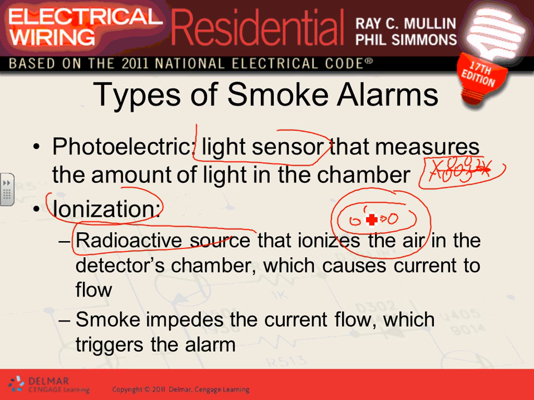When the smoke gets into this little chamber, it impedes the flow of that current. It stops the current from flowing. And guess what happens? There is an electronic brain for these smoke detectors, a sensing circuit basically. It senses the lack of current flow, and it will send a signal to initiate an alarm. Can I get you guys to understand that one?